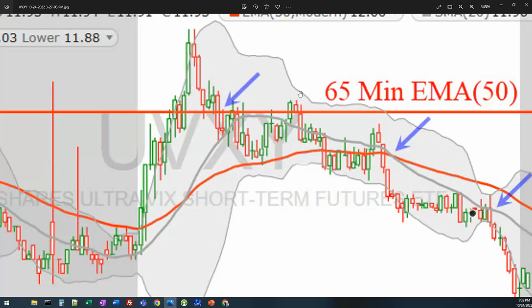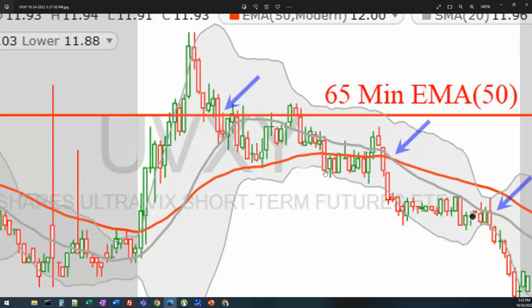You went up, failed, straddled the gray simple moving average 20 line. You're straddling, fall below the 5 minute EMA 50 line right here. Now you're kind of straddling it, but then you tried to break out above it, but on the back test, failed to close candles above it, and that's why you are going down, my friend.